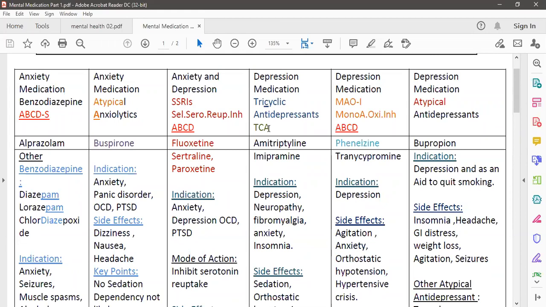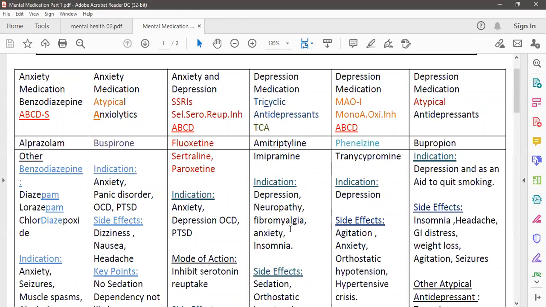So what are the indications of amitriptyline or imipramine or TCA? We use it for depression or some neuropathy, right? And also we use it for fibromyalgia or anxiety and insomnia. These are common uses of TCA.